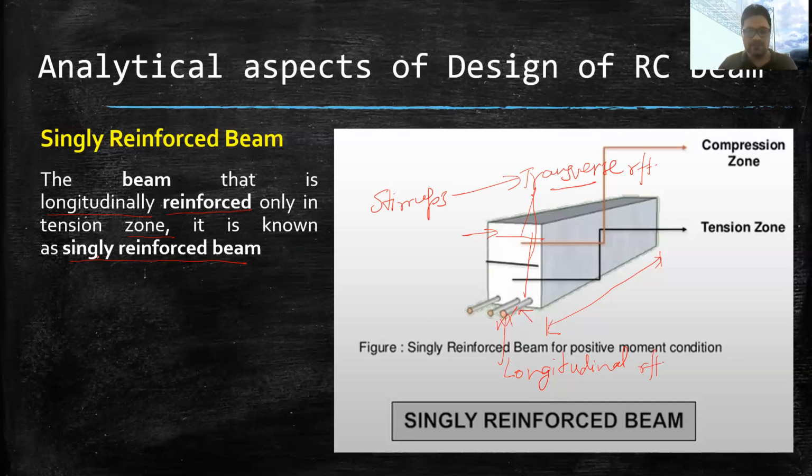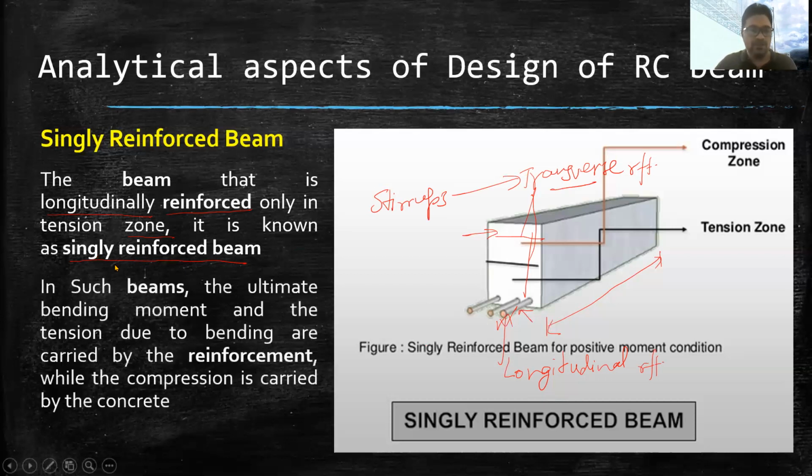So in the singly reinforced beam, the ultimate or maximum bending moment and the tension due to bending are carried by the reinforcement, while the compression is carried by the concrete. As I said earlier, compression will be borne by the concrete and tension will be borne by the steel.